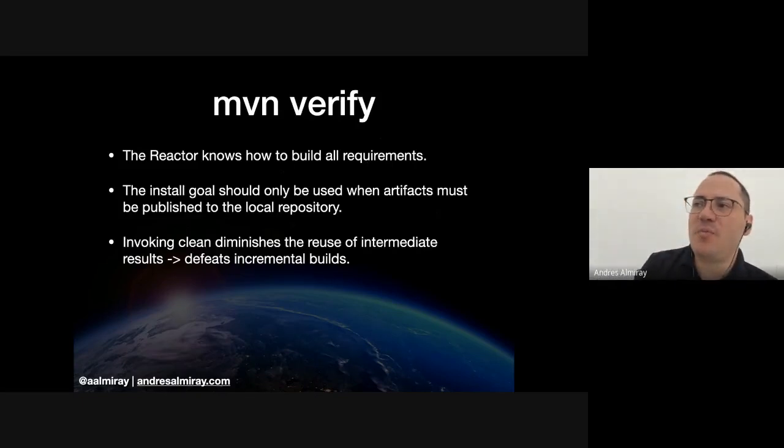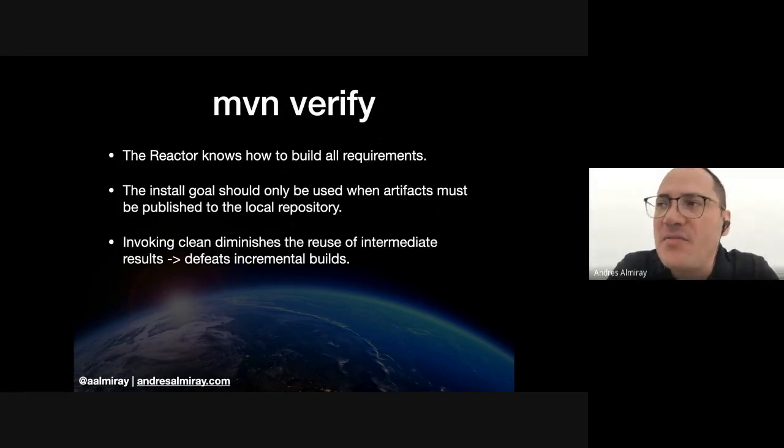Also, if you were to invoke clean all the time, every intermediate computation, artifacts, classes, processed resources, all those things will disappear. And that means you pay the price of computing those results over and over again.